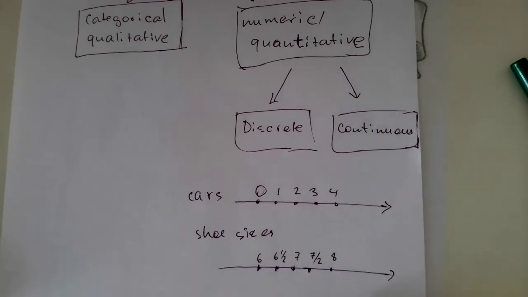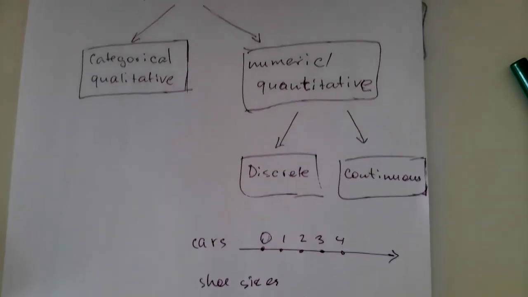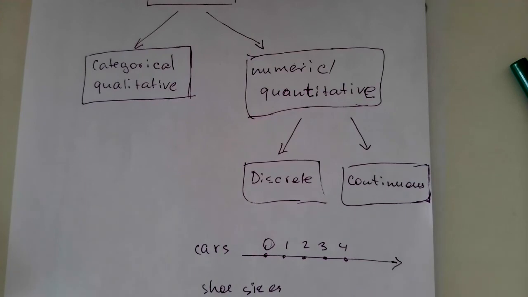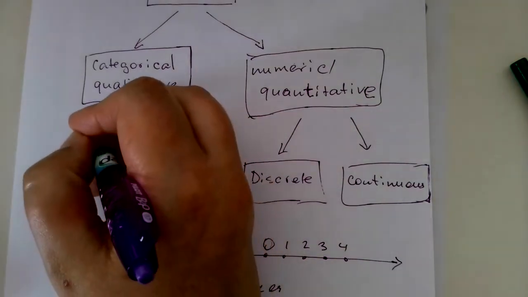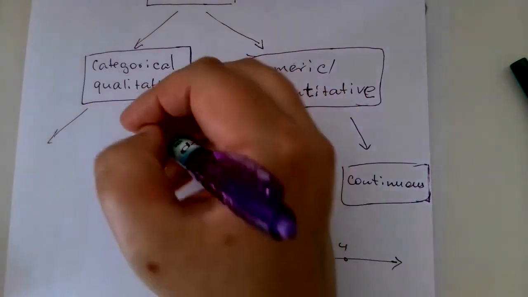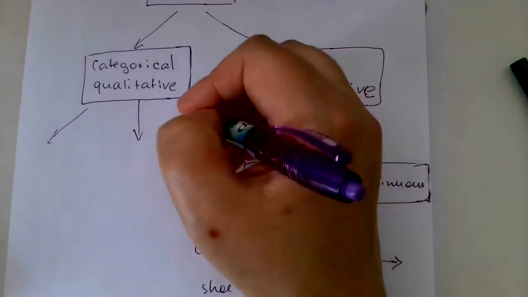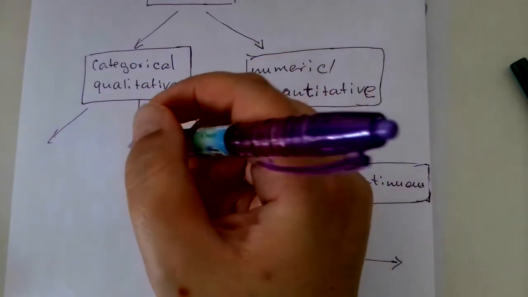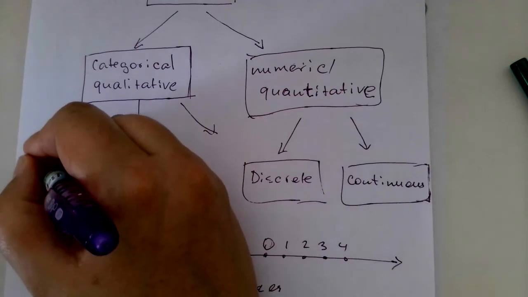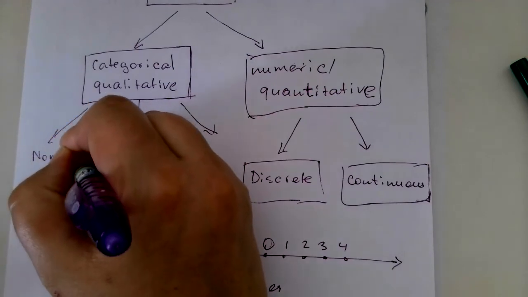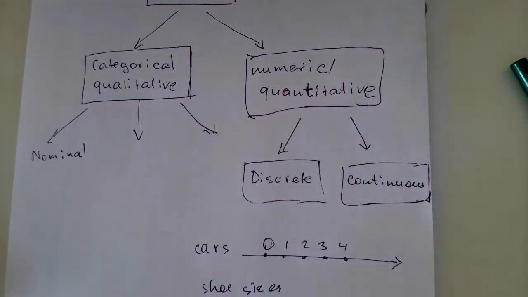Now let's talk about qualitative or categorical data. It will have 3 different subcategories. The first one is nominal. A nominal data set cannot be arranged in an ordering scheme.